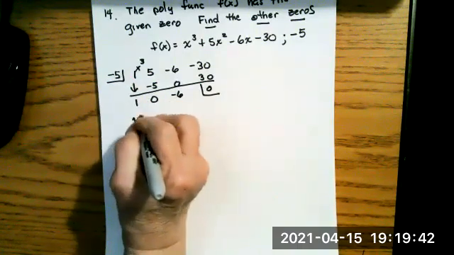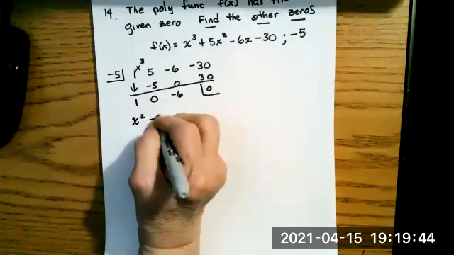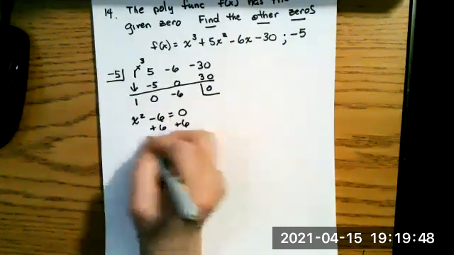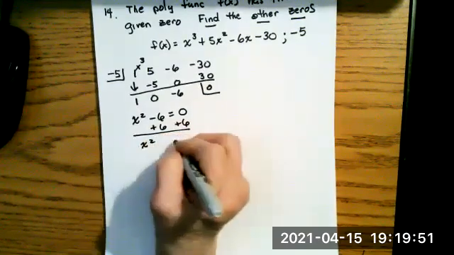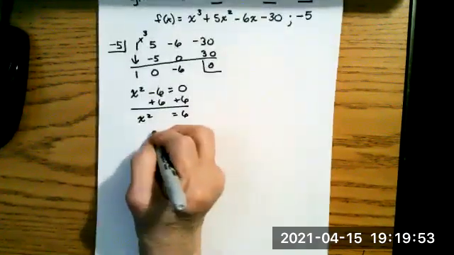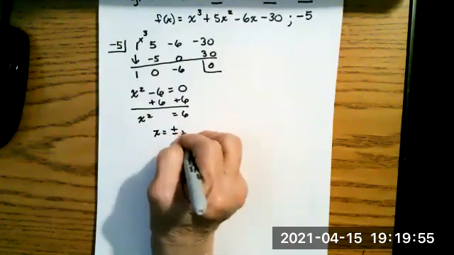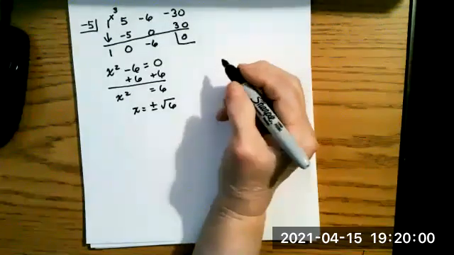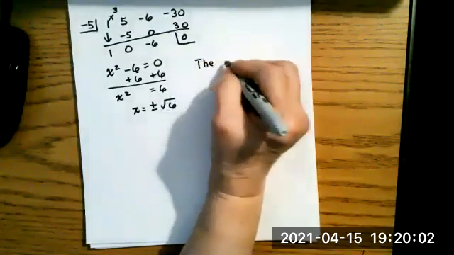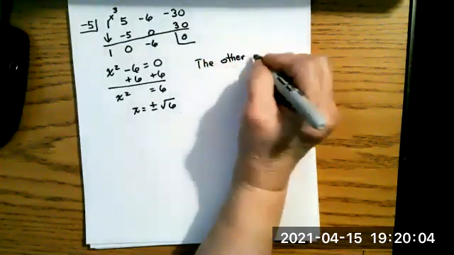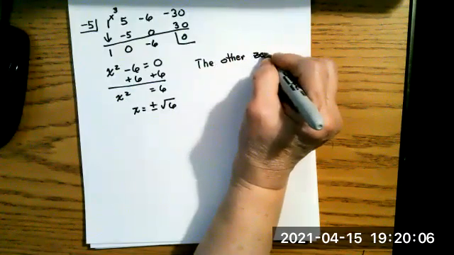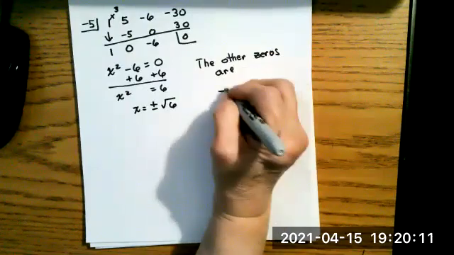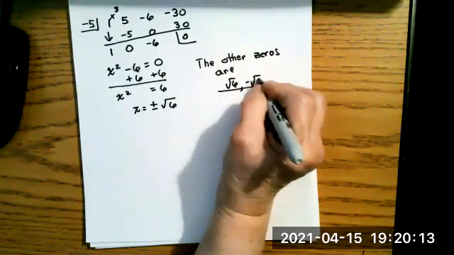So I have 1x squared, 0 x's, minus 6, and now I can solve this easily by using the square root rule. Plus or minus the square root of 6, and there's not any perfect squares in 6. So the other zeros are square root of 6 and negative square root of 6.